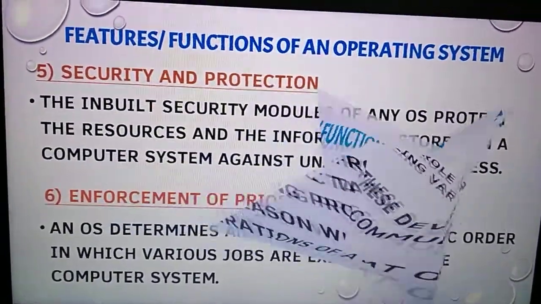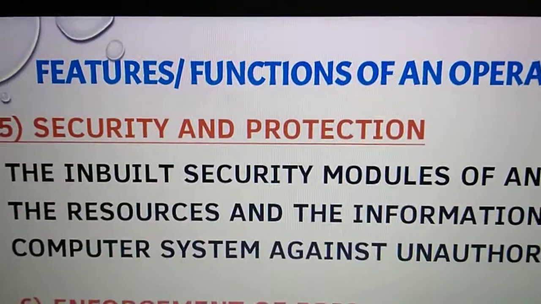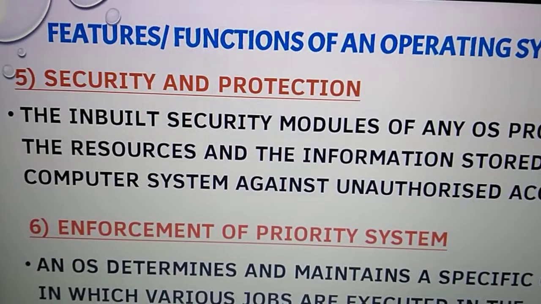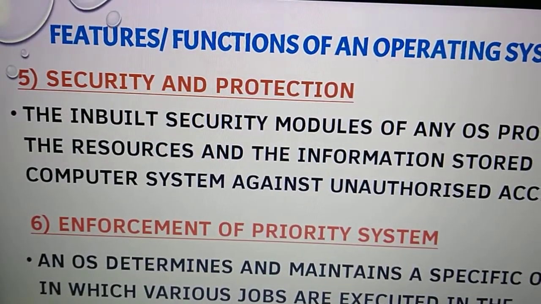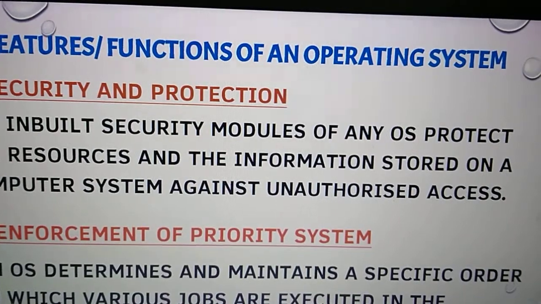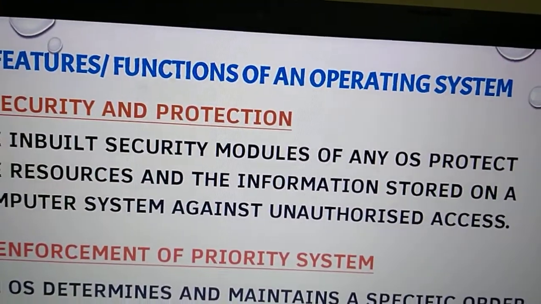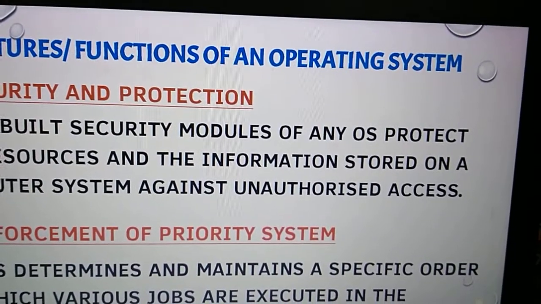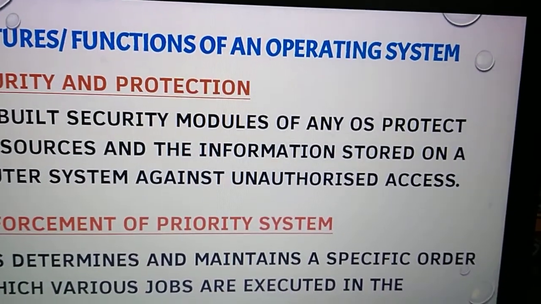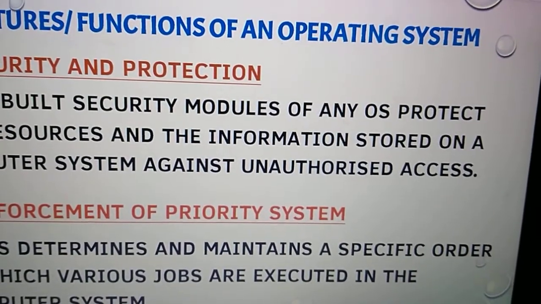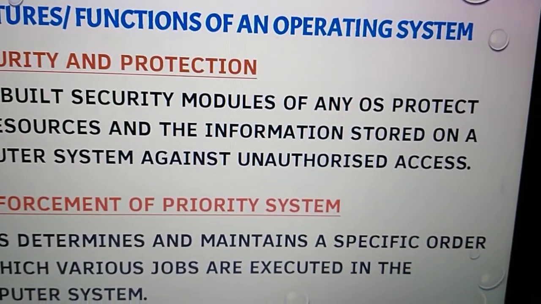Fifth one is security and protection. Have you heard about Windows Firewall? It is built into your Windows operating system. What is the use of Windows Firewall? It protects your system from the outside network. There will be many networks which can affect your system and hack your information. So it will protect you from unauthorized access.